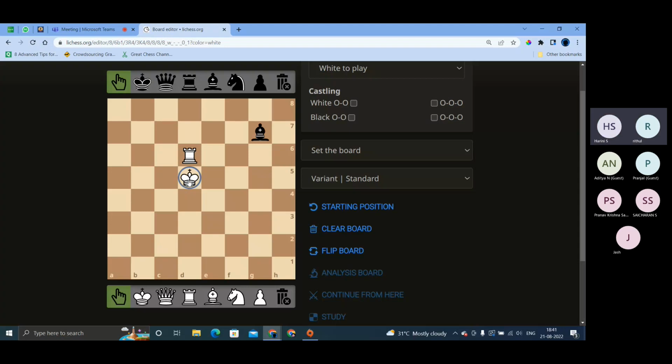Yes, ma'am. Which piece is this king supporting? Rook. White rook. Yes, the king is supporting the rook because it is on its path. King can do one step and on its way, the rook is there. This is white king, white rook, so it supports.